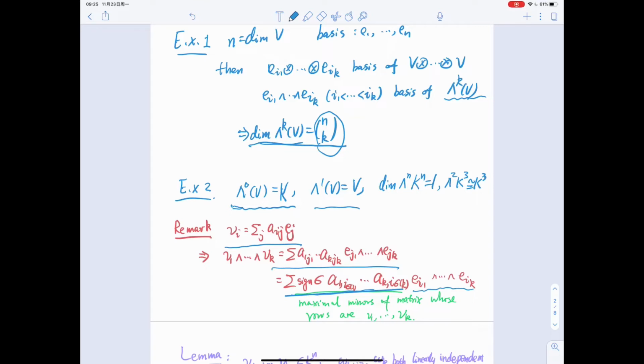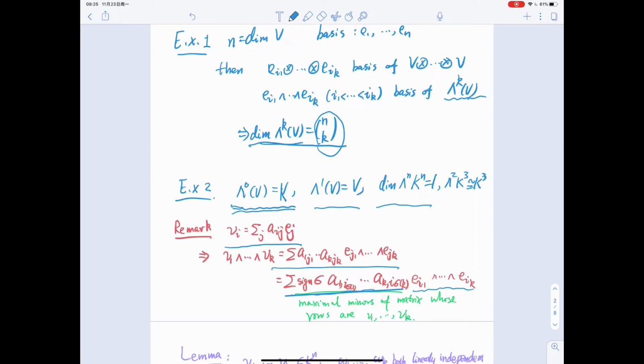Next example, we see that Lambda^0 V is the field K, and Lambda^1 V is V, and the dimension of Lambda^n K^n is 1.